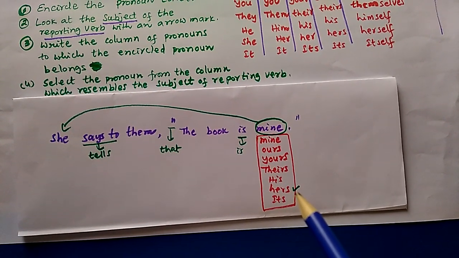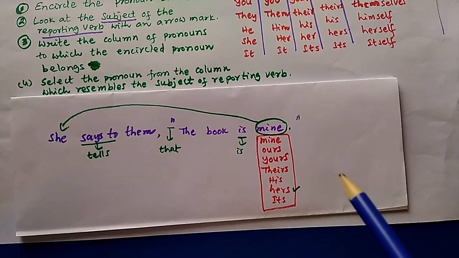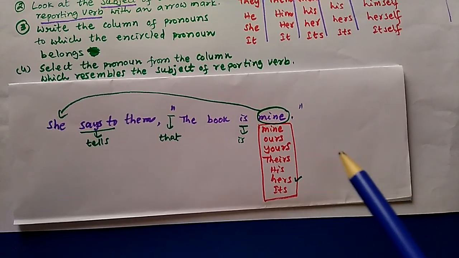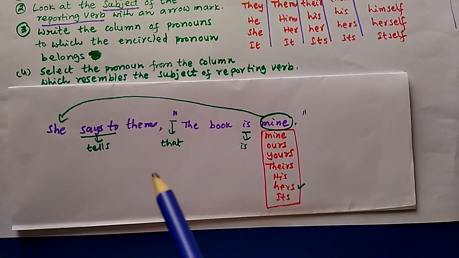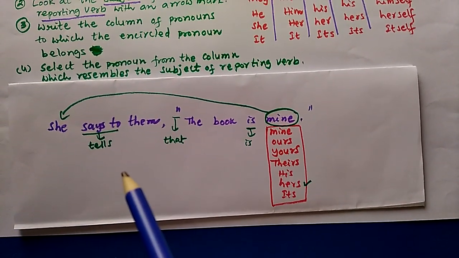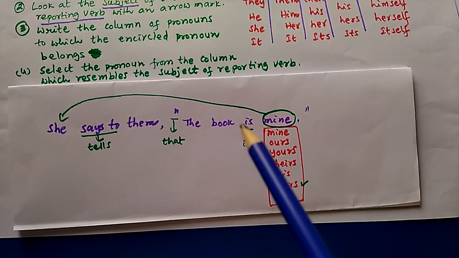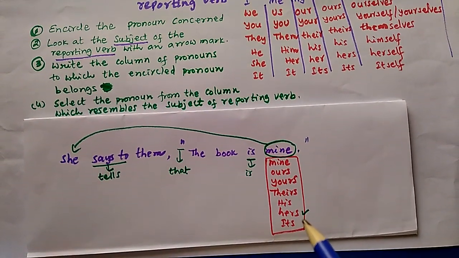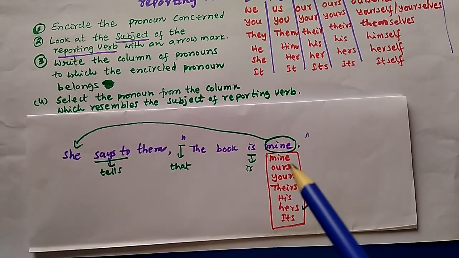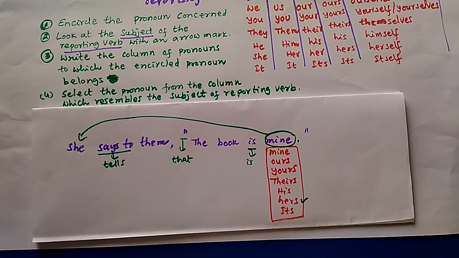Here, hers is the pronoun. So hers is chosen. And says to becomes tells, inverted comma becomes that. And we get the answer. She tells them that the book is hers will be the right answer. In this way, the pronoun is to be changed.